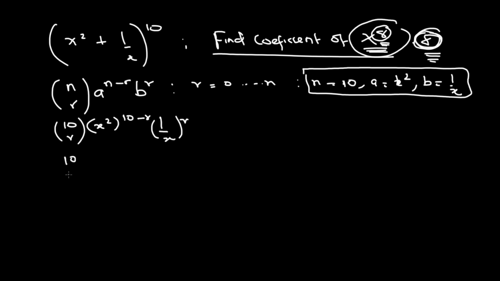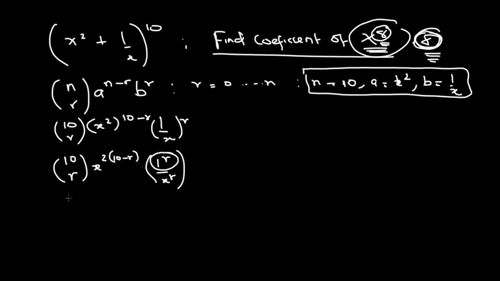So we can come and say 10Cr. So we simplify first. Simplifying this will give us x squared to the power 10 minus r, like that. We simplify this, it's going to give us 1^r over x^r, like that. So we can see this is 1, and this will remain with a value.